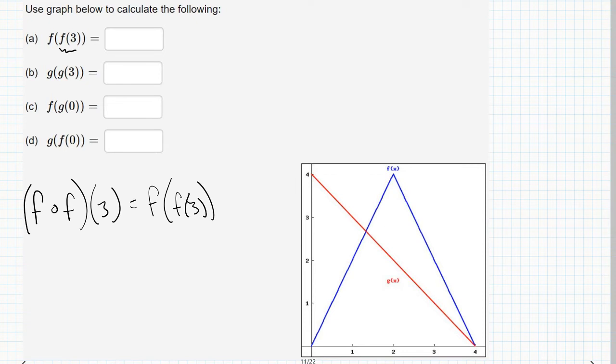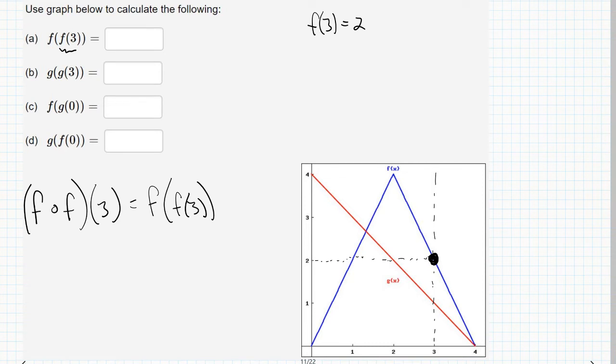And so now the 3 is the x value. So right here, where this x equals 3, we want to find what is the y value that corresponds to that. Okay, well, it looks like y equals 2. So notice we have f of 3 equals 2.